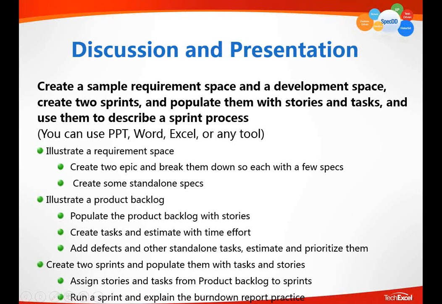To some degree, I don't really care much about how well you present the sprint process, but I hopefully can see some pictures or some Word document, Excel, or anything so that you are comfortable. There is a requirement space. There are epics. They are broken down into specs, and the specs are estimated. And then you can create the backlog stories, or you can assign them directly from the requirement spec to a sprint.